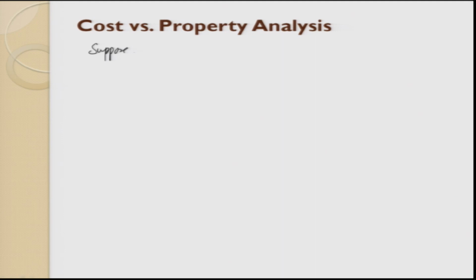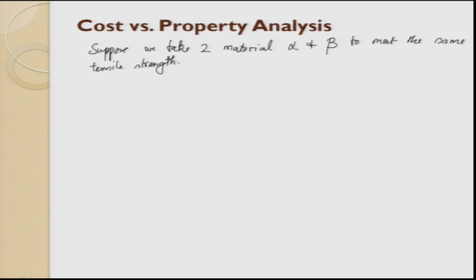Suppose we take two materials, alpha and beta, to meet the same tensile strength. So we need to understand density.